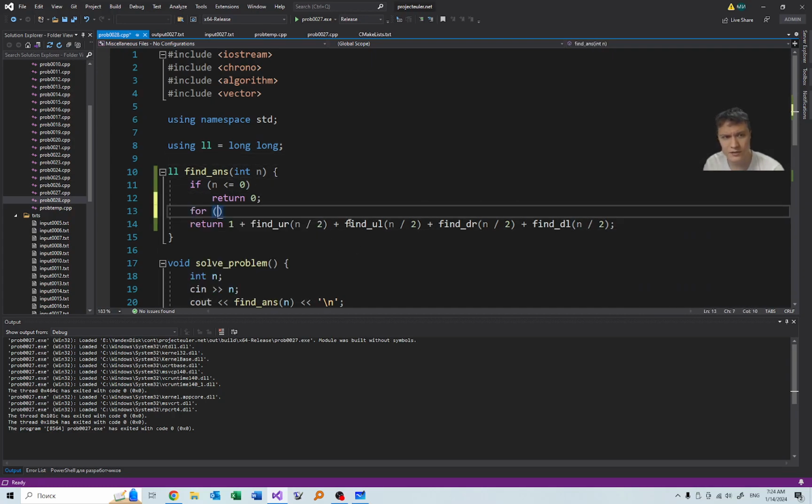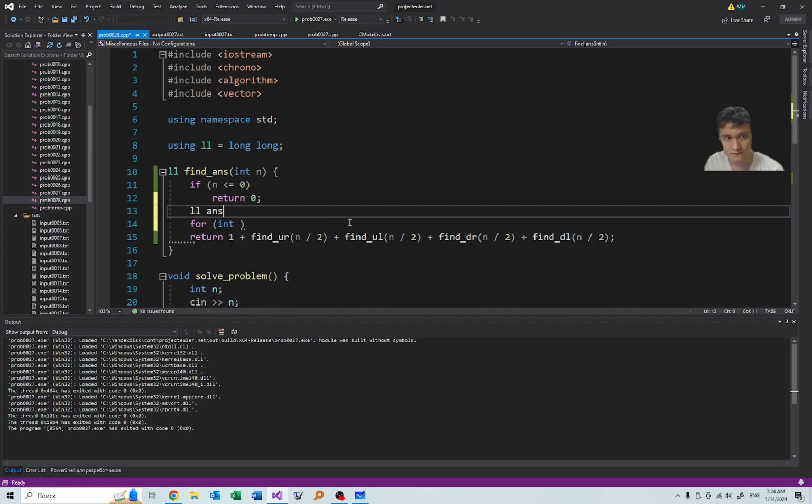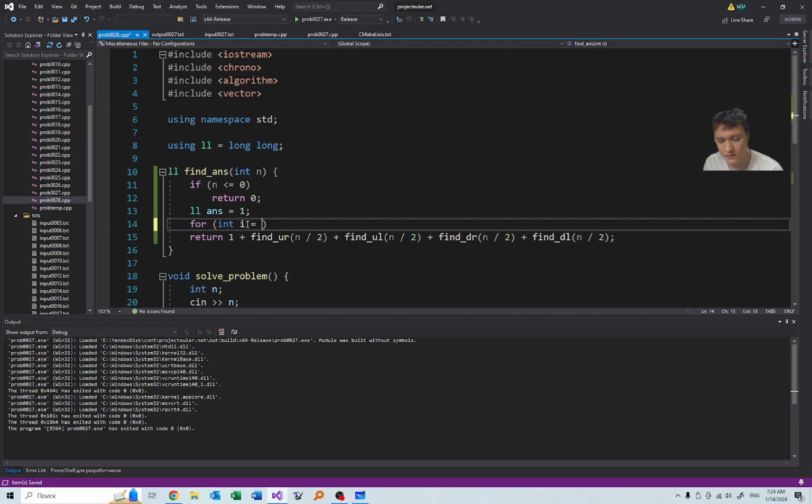Moreover, I think I will just use a cycle here. So i equals 0. Okay, let's choose 1. i is at most n over 2 plus i.